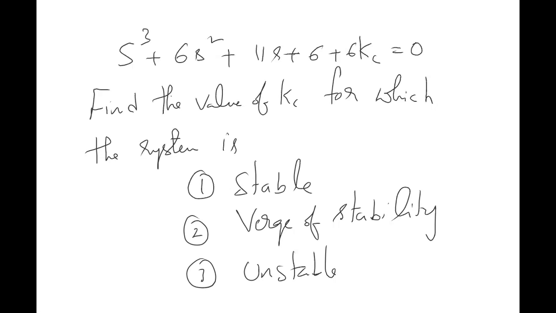This is another way of asking. He will give the Kc as a variable. Now you need to find the values of Kc for which the system is stable, unstable, and on the verge of stability.